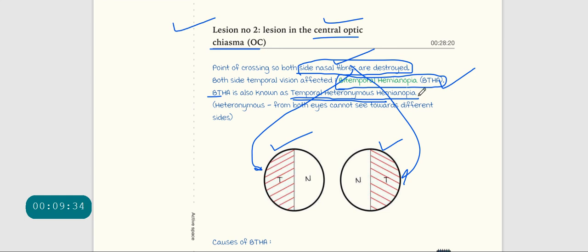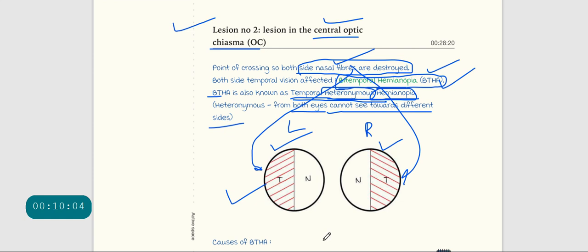Now what is this hemianopia? Hemianopia is nothing but both eyes being unable to see towards different sides. Let's assume this is the left eye and this is the right eye.